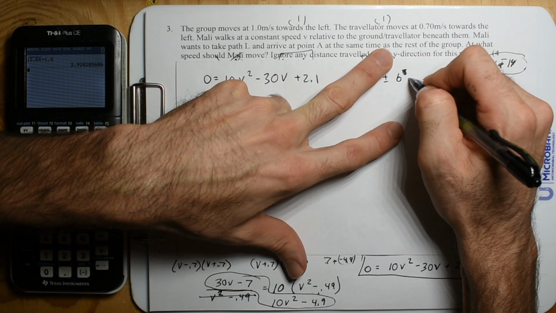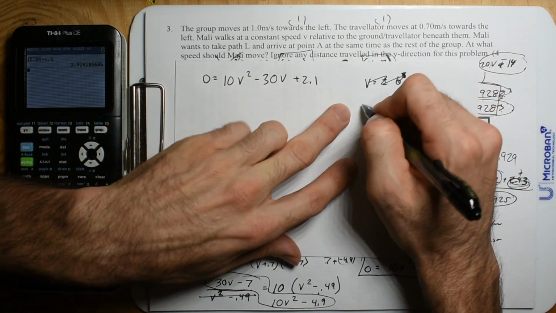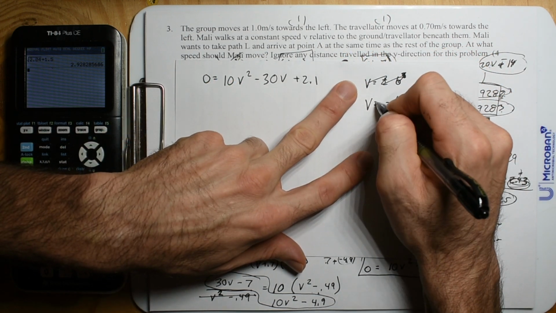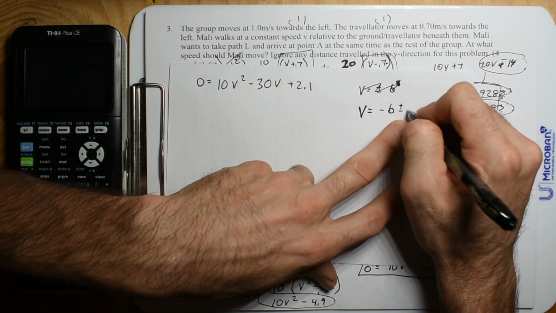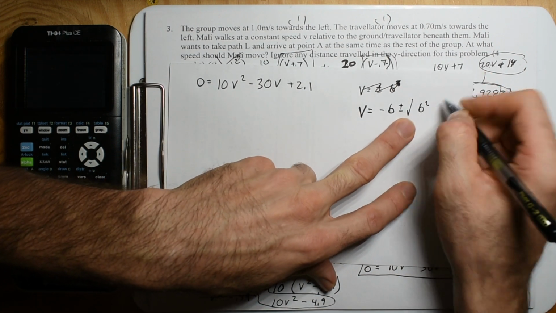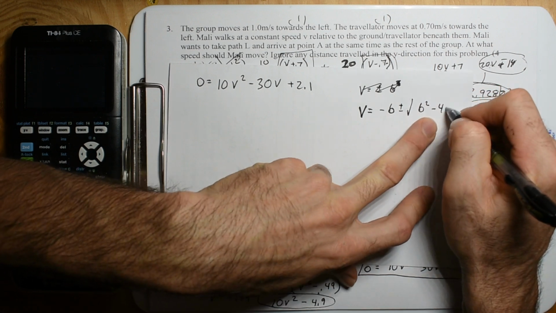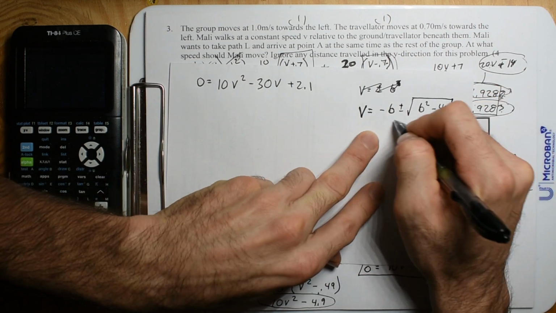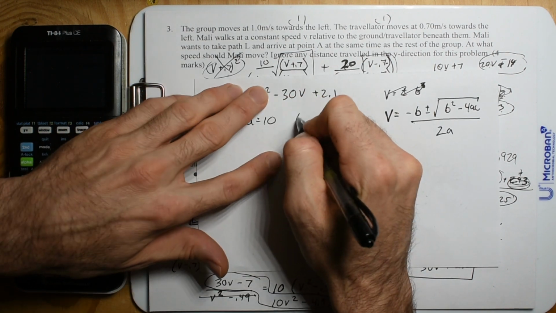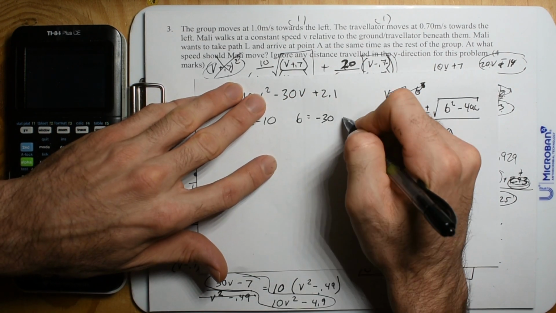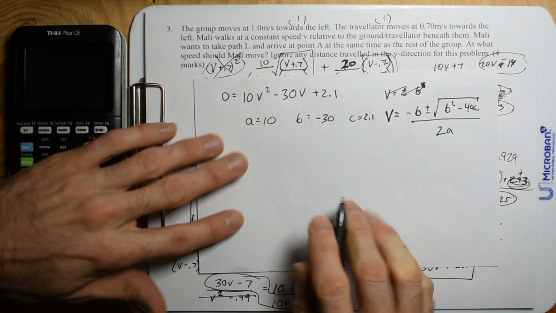No. Holy Toledo! There's a lot of negatives in here. That's why it's awful. So we have negative b plus or minus the square root of b squared. Obviously this is not negative, but we do have a negative 4ac. This one trips me up all the time. All divided by 2a. Our a term is 10. Our b term is negative 30. Our c term is 2.1.